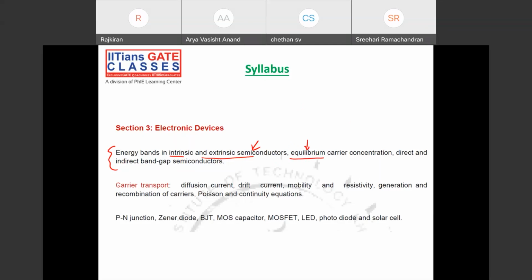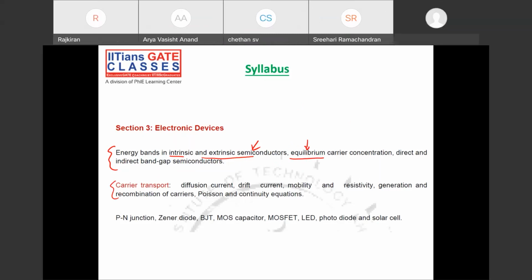Then we will see how carriers transport in the semiconductor, and what the speciality of the semiconductor is that makes it different from insulator and metal, so that we are using semiconductor so much. Is it clear, guys? We will study very clearly how the carriers are transported in the semiconductor.